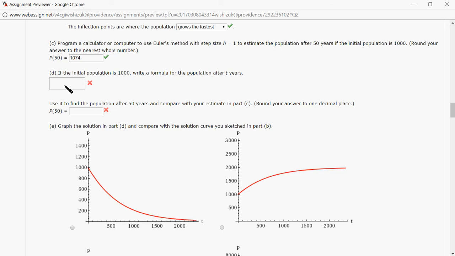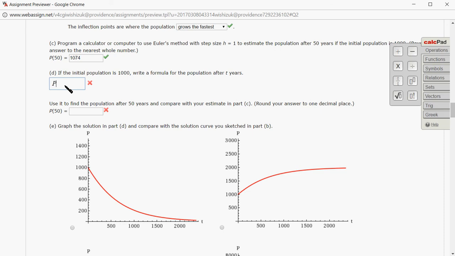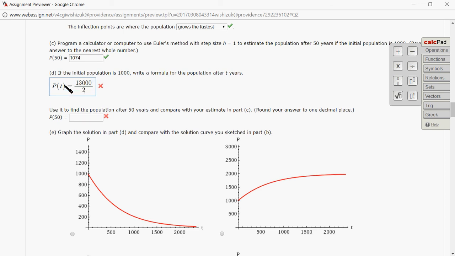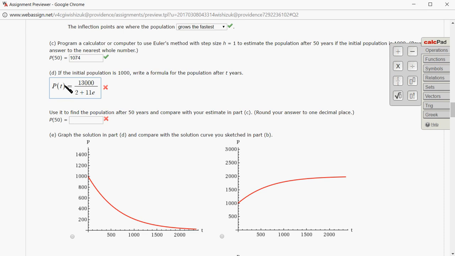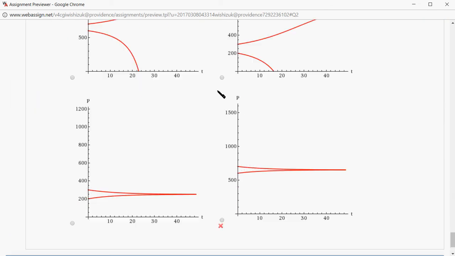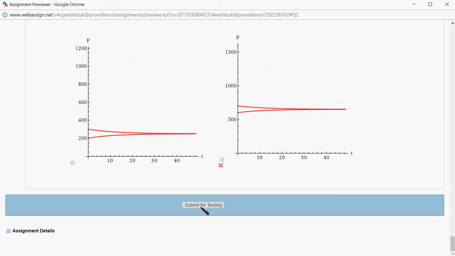P of t is equal to 13,000 divided by 2 plus 11 e to the negative 0.0017t. Let's check the answer. Submit for testing.